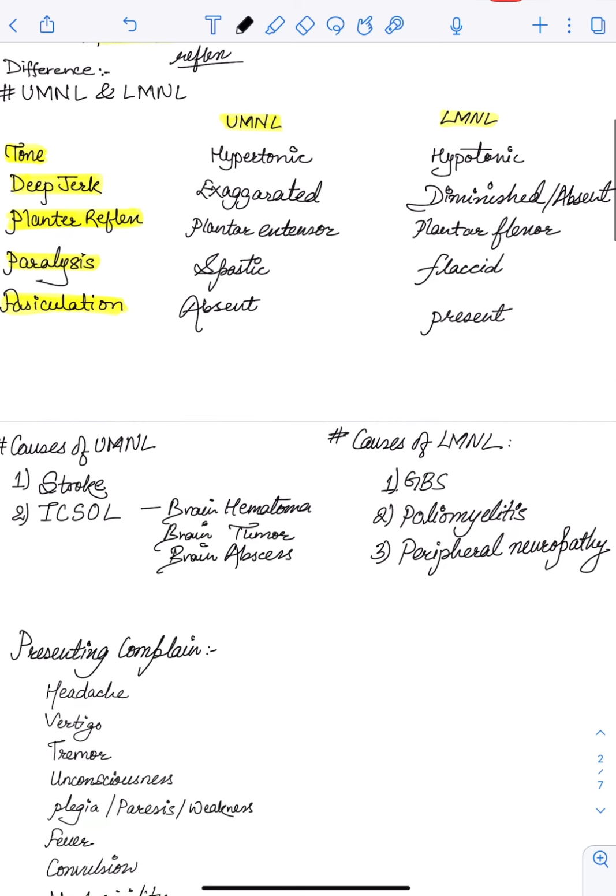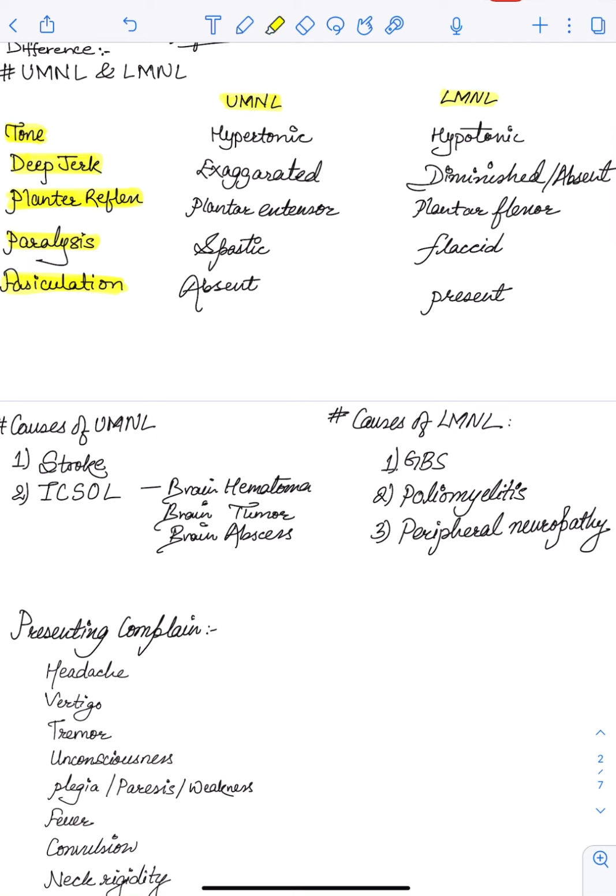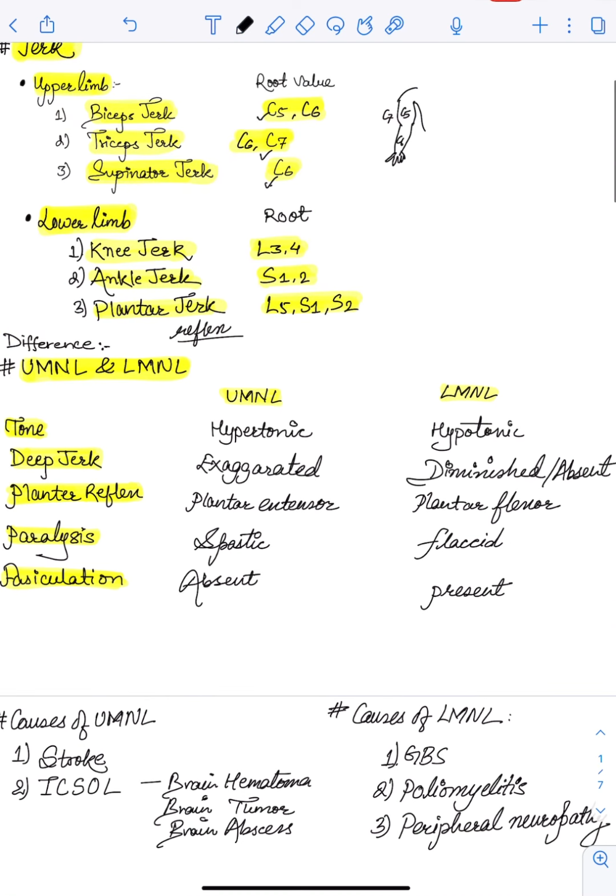Now let's go to upper motor neuron and lower motor neuron lesions, that is, nerve lesions. It's simple to remember: upper motor neuron lesion and lower motor neuron lesion. Upper means up, high.